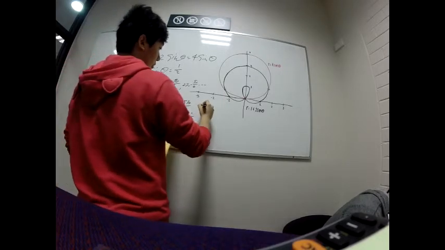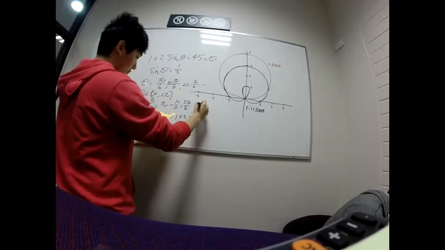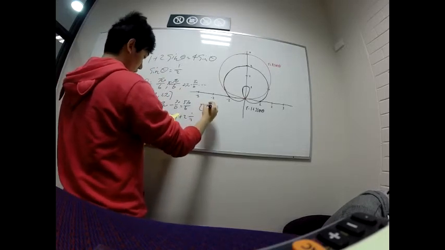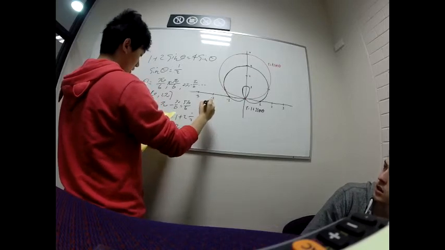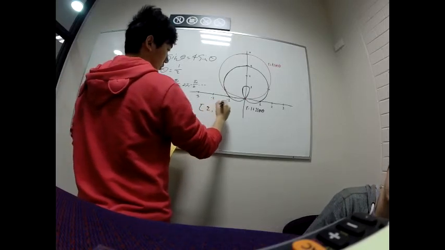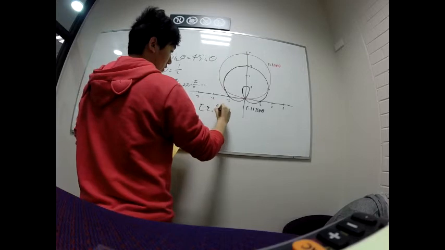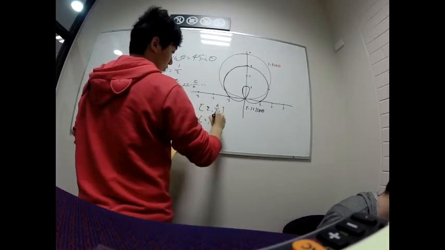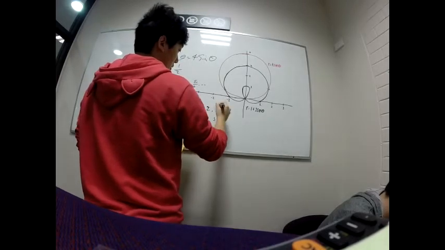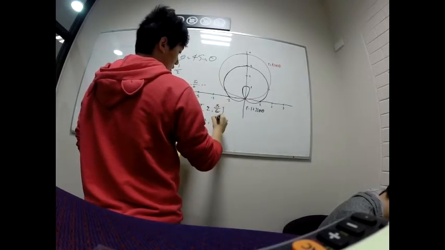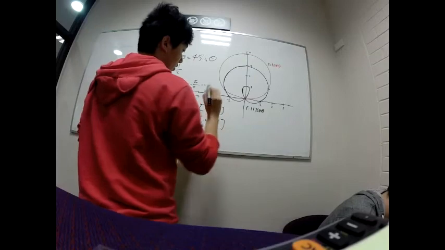So now we get 2 points for the intersection: 2, pi on 6 and 2, 5 pi on 6. That's the final answer.